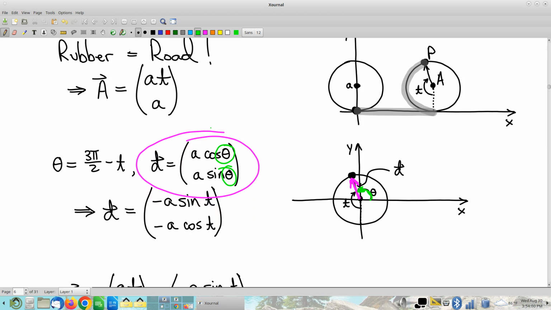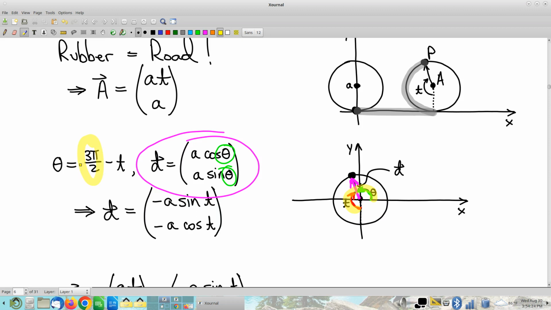And the observation to make is that theta and T, which you see right here, notice that they always add up to 3 pi over 2. Right? As T gets bigger, theta gets smaller.